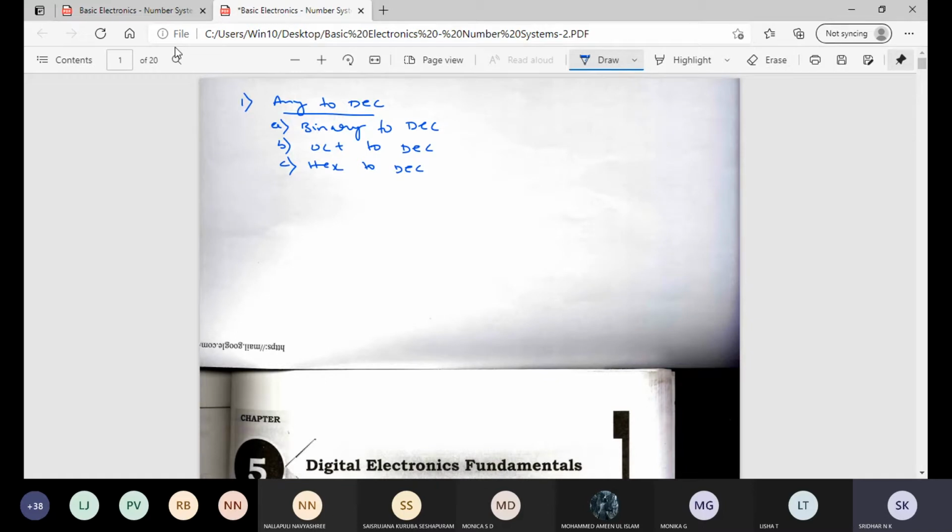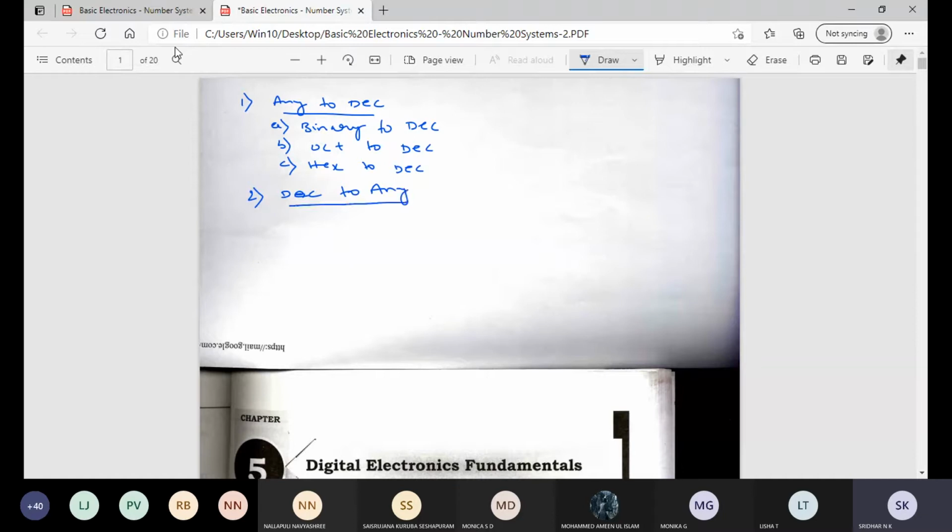The procedure remains same. Now the second type of conversion is vice versa of this. If I say vice versa of this, that means decimal to any number system.